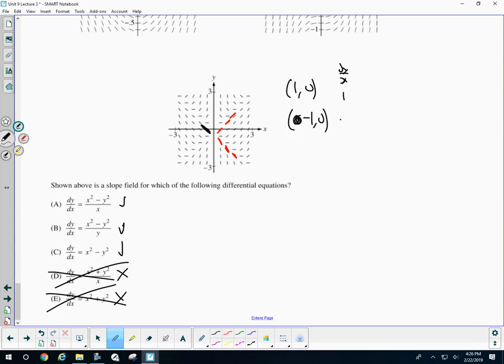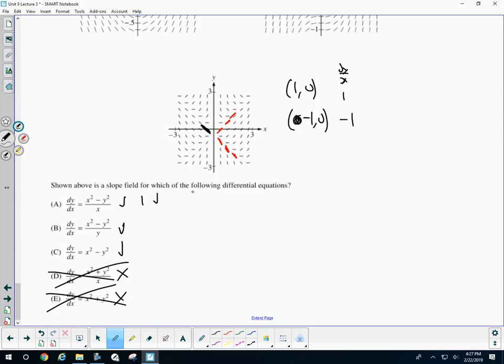That slope is negative 1. Okay, so I'm going to try those and see, do I get 1 and negative 1? So let's see, I plug in 1 squared minus 0 over 1. So that's 1, so that checks out.